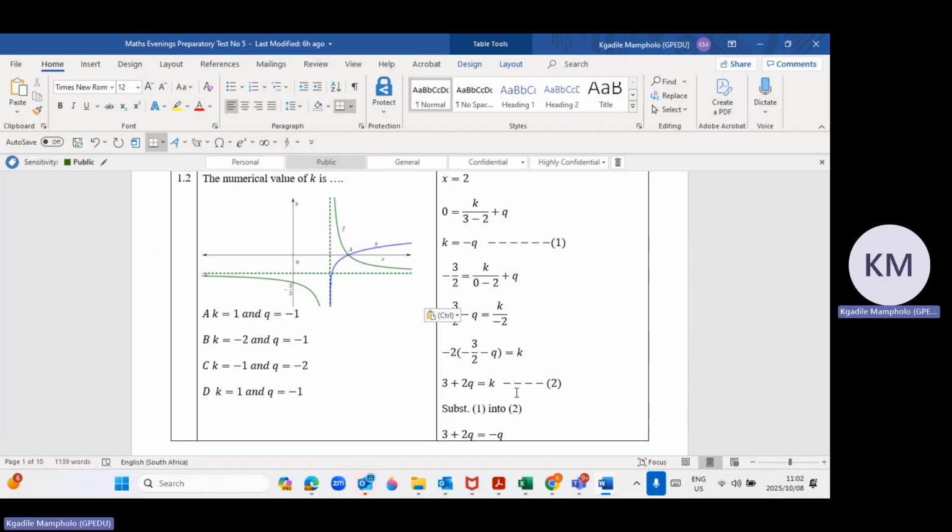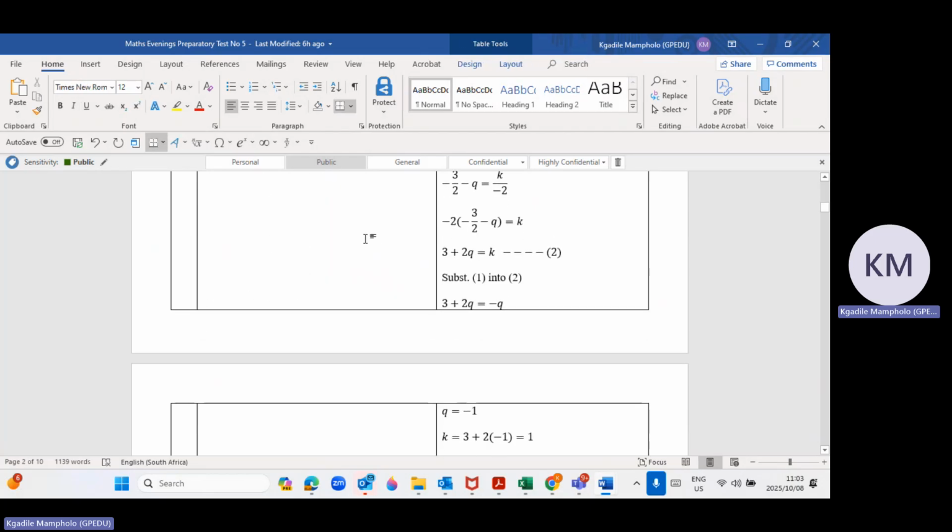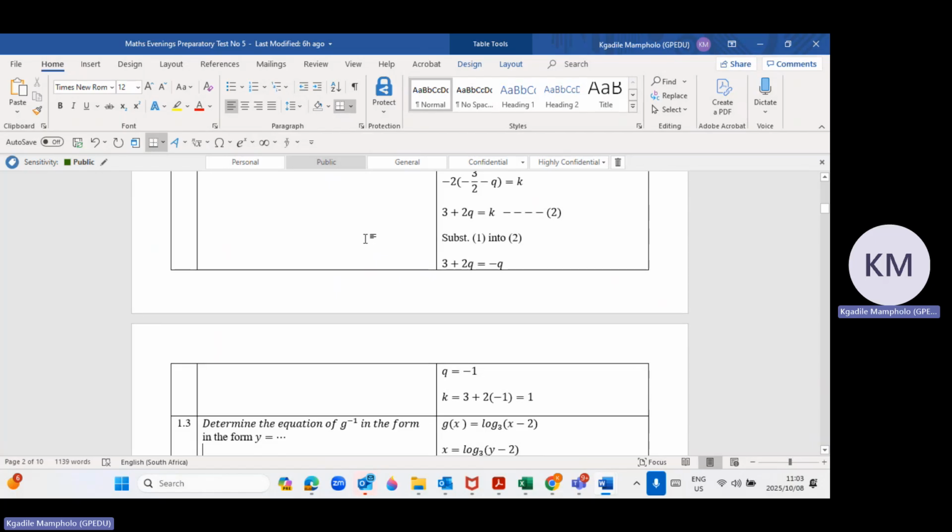Then you make equation 1, which is k equals negative q, and this is equation 2. Then you solve them simultaneously. By substituting negative q from equation 1 into equation 2, you'll find q as negative 1 and k as 1.